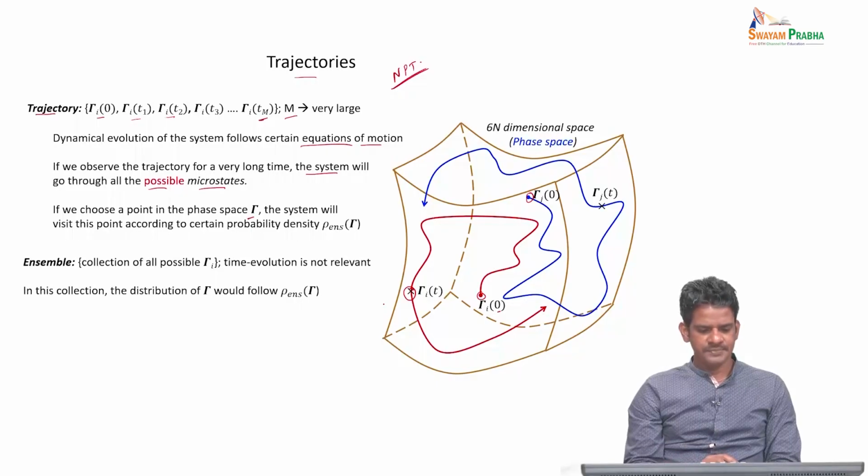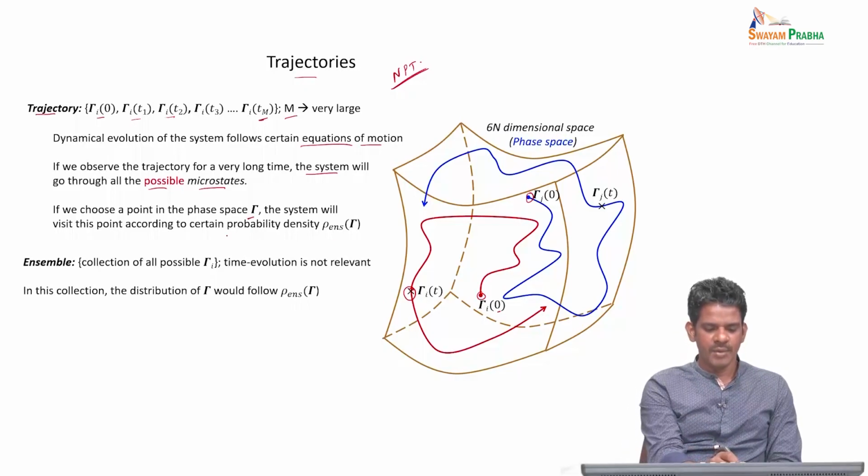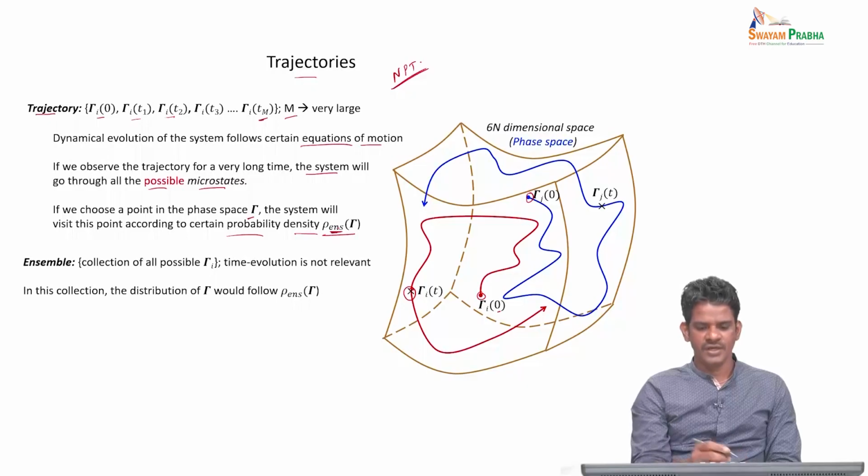Now if you choose a particular point in phase space, something like here, and look at the probability that the system will be visiting this particular microstate, that is given by a probability density function known as rho ensemble. This ensemble label is the ensemble description. It could be an NPT ensemble, or it could be another ensemble. We'll talk about that later.